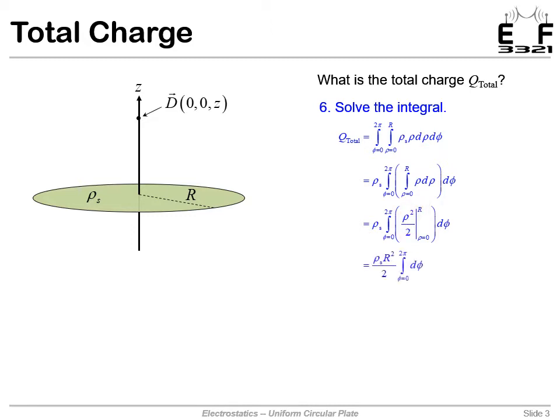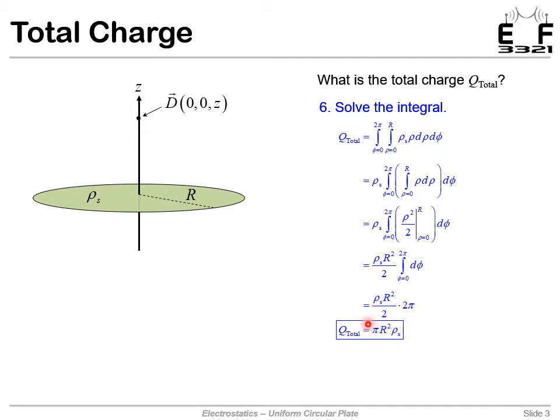We just get R squared over 2, which is a constant and can come to the outside of our integral over phi. And this is a very simple integral too. That's just equal to 2 pi. And so we found our total charge. It is pi R squared rho s.